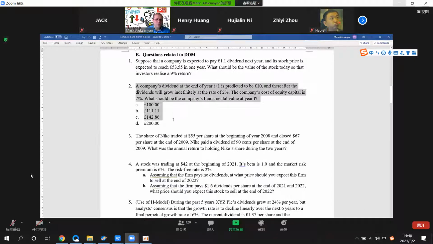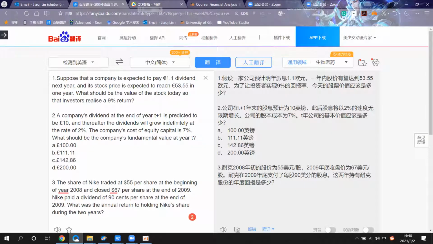Question 2. Let's see what the right answer is. A company's dividend at the end of year T+1, so basically next year, is expected to be 10 pounds. And thereafter, the dividend will grow indefinitely at the rate of 2%. So your long-term sustainable growth rate is going to be 2%. The cost of equity capital is 7%.